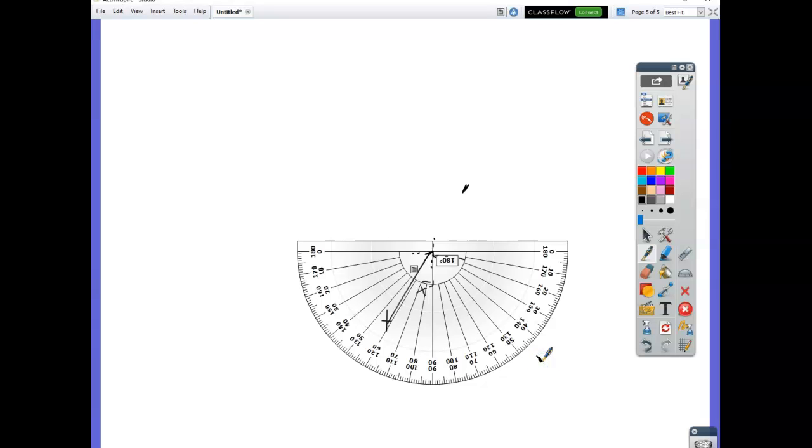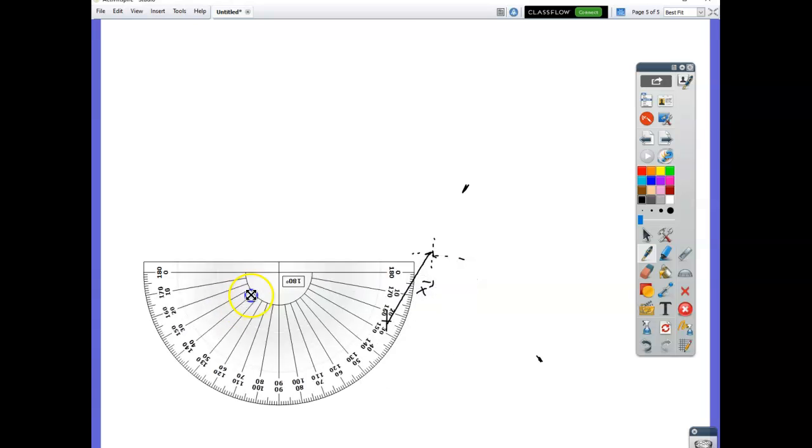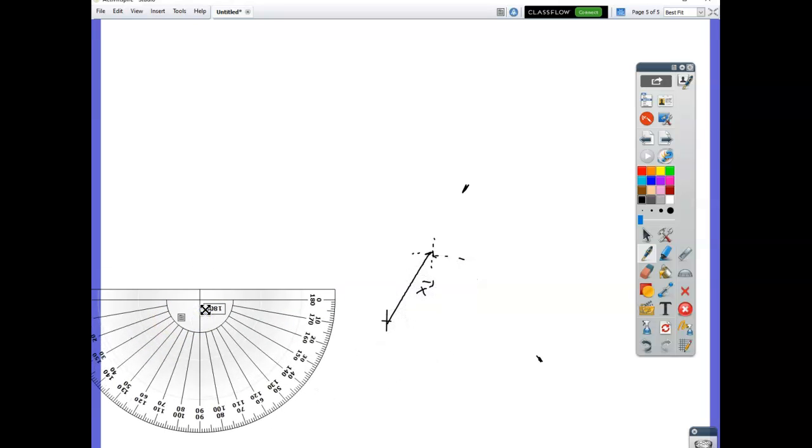But I'm not going that way, I'm going the other way. So I'm going, and it's 1 centimeter. I'm going this way, 1 centimeter. And so then how do I measure my resultant?